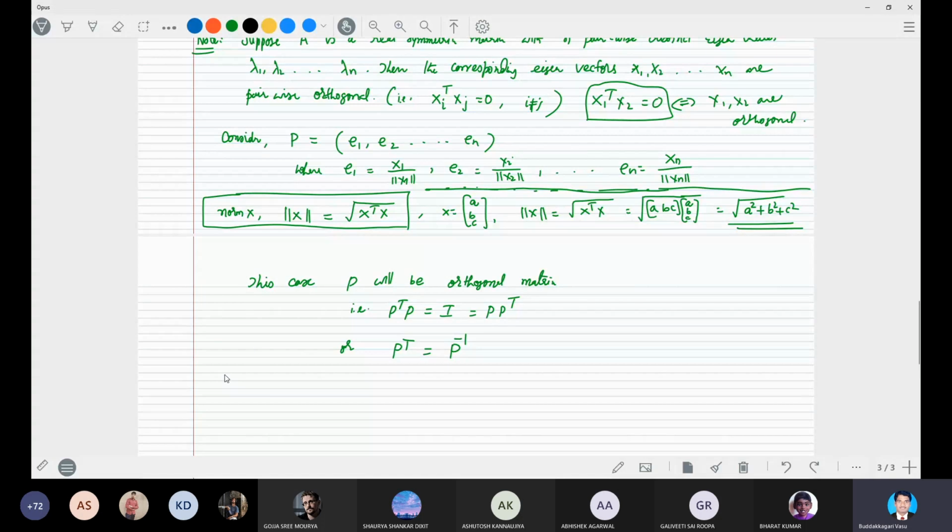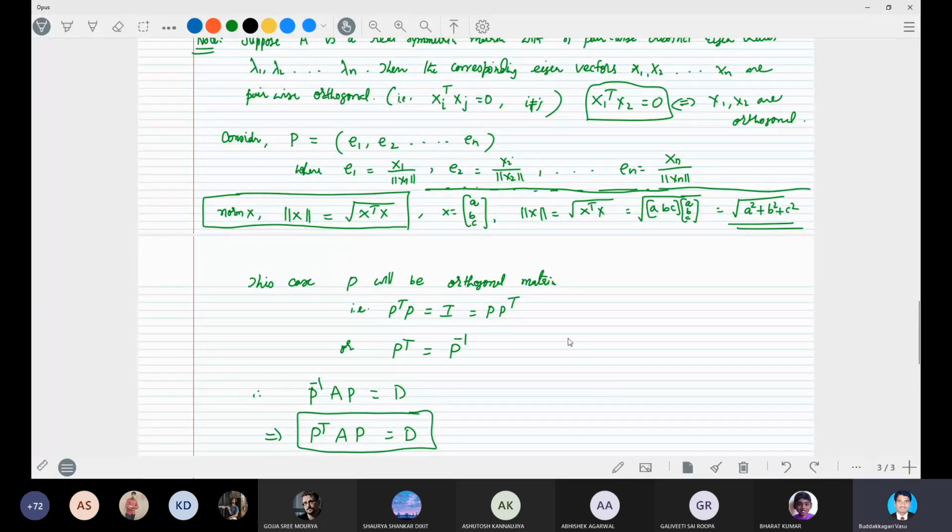So therefore, the diagonalization property. What is the diagonalization property? P inverse AP is equal to D, right? For the orthogonal matrix P, P inverse is P transpose, so P transpose A into P is equal to D. Right?